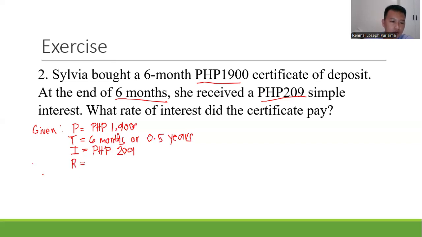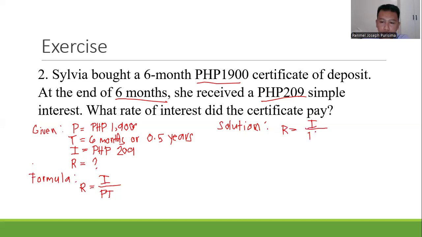The missing is the rate, and the formula is R is equal to I divided by P times T. Substituting, R is equal to 209 divided by P, which is 1,900, times 0.5.